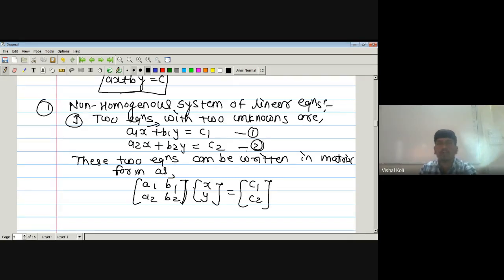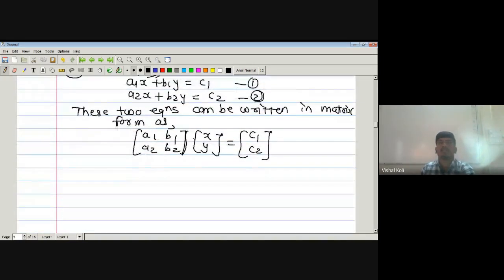So the given system of linear equations can be written in matrix form. That is, a1 into x plus b1 into y equals c1, and a2 into x plus b2 into y equals c2.